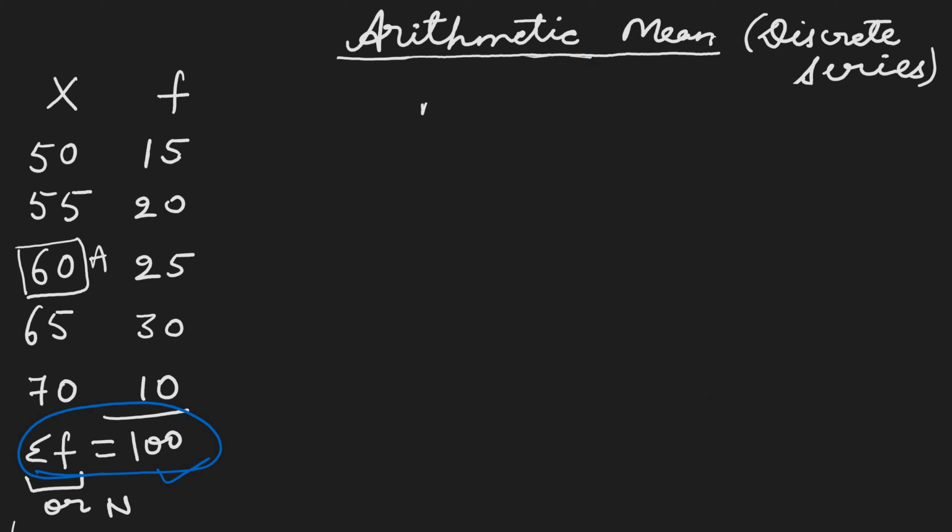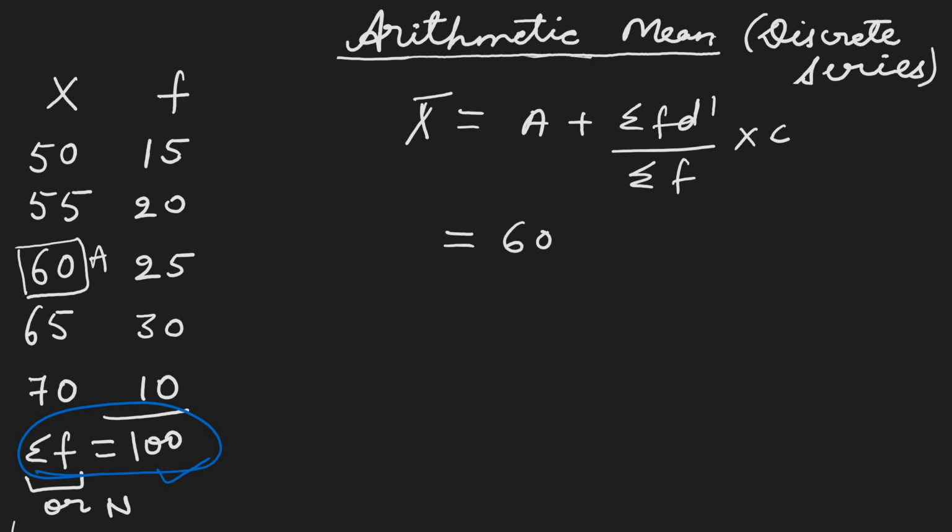So the formula is x bar is equal to A plus summation f d dash upon summation F, into C. A is 60 plus summation f d dash, which is 0, upon summation F, which is 100, multiplied by the common factor, that is 5.